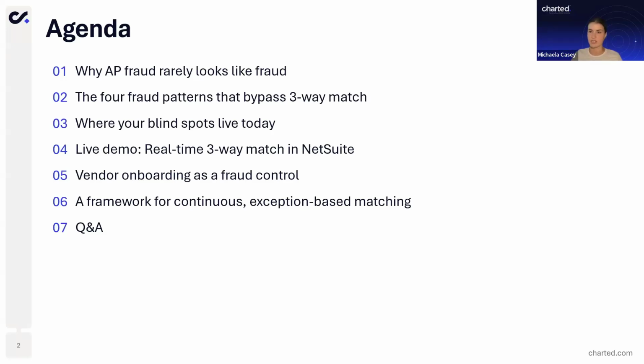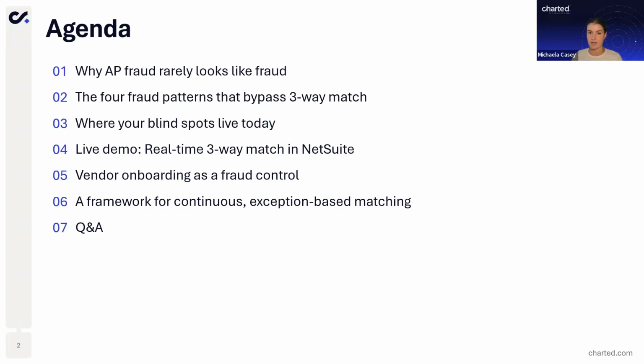And then here we just have our agenda, so kind of where we're heading for the day. So first, we'll take a look at why AP fraud is hard to see. We're going to break it down into 4 specific fraud patterns that typically slip past manual and batch-based three-way match. Then I'll point to where some of those blind spots might be.